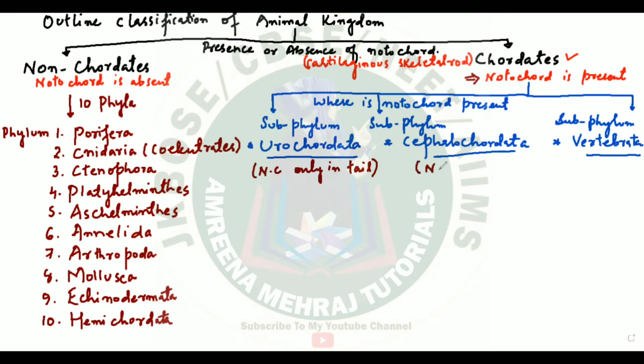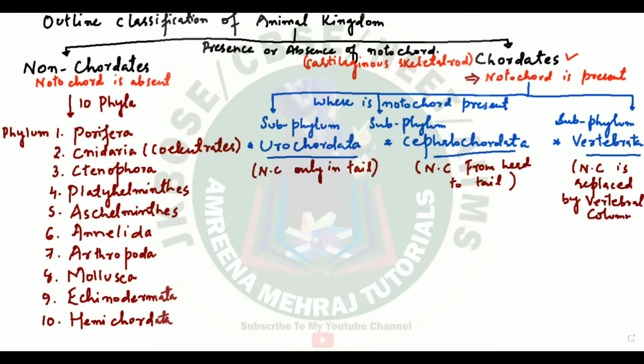In cephalochordates, you will see notochord present from head to tail. In vertebrata, you will see notochord is present in the embryonic stage, but that is then replaced by the vertebral column.